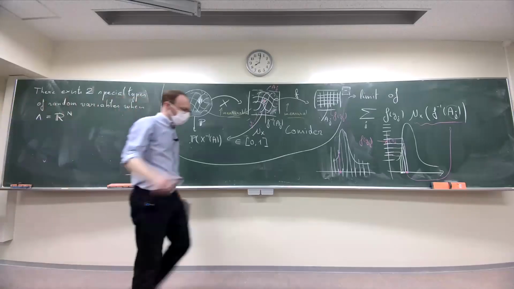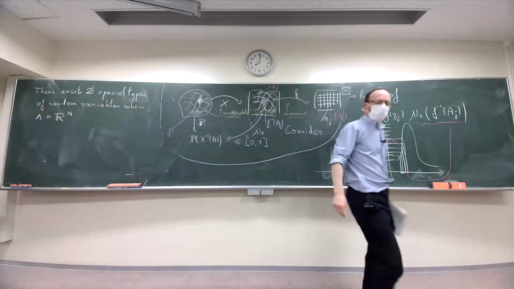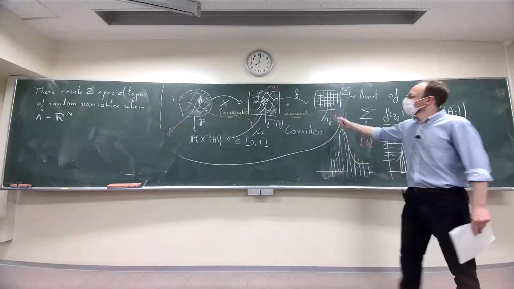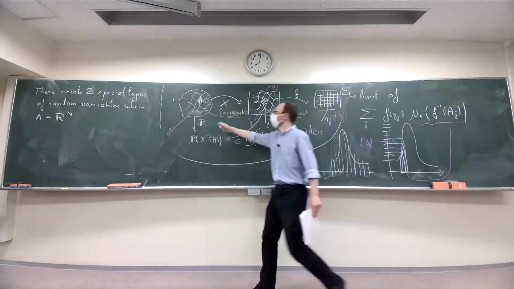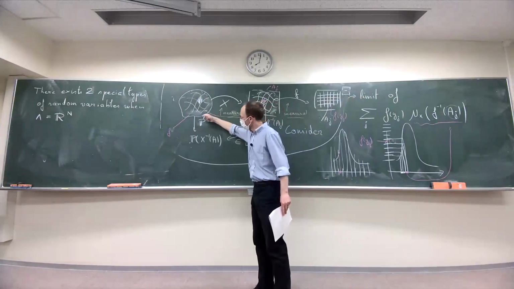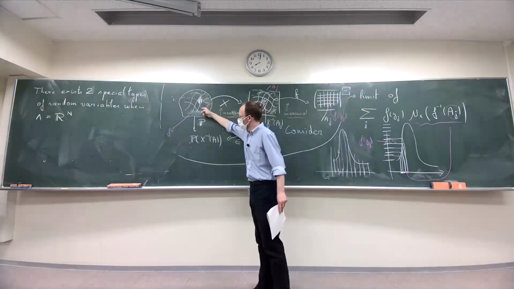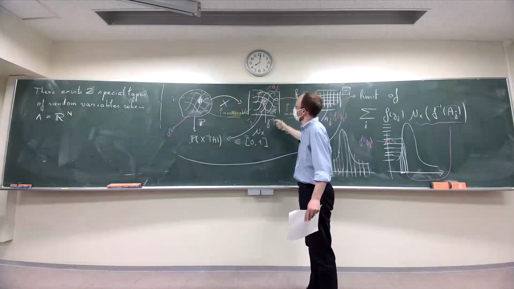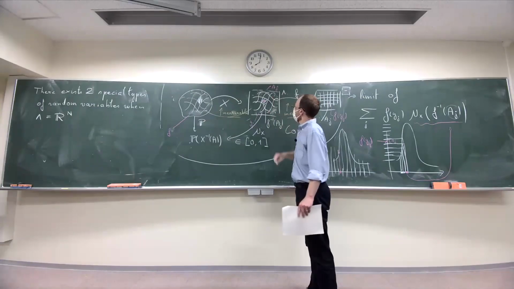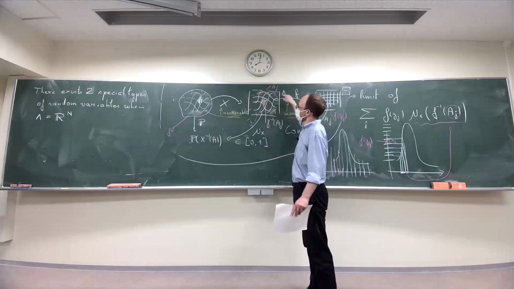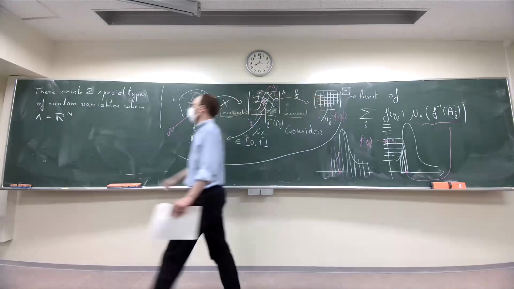Today I give you just one, for when this space is Rn. I gave you a general definition with X, a random variable from the probability space to a certain space, capital lambda. And I said most of the time it's either Rn or a finite set. Now I'm going to give a special case when it's Rn.